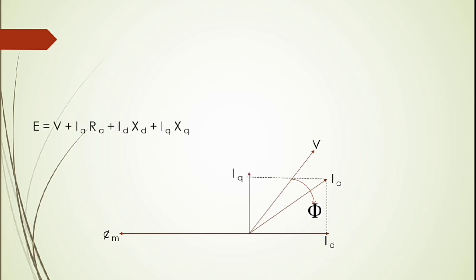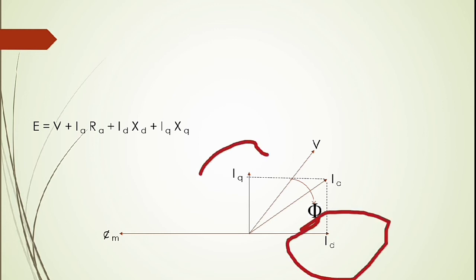Here this one is ID and this one is IQ. So here we decompose IA into two parts, and IQ is in the Q axis and ID is in the D axis.